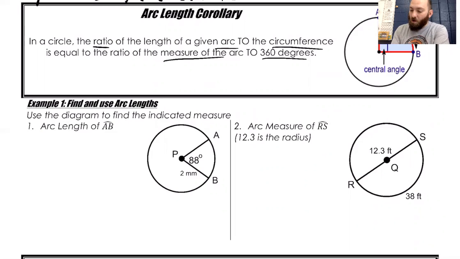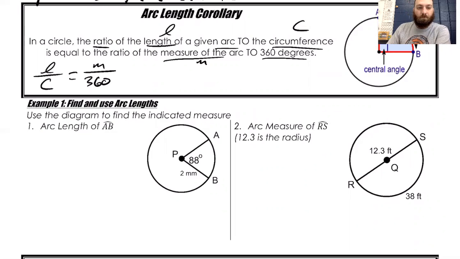I'll call length L, circumference is C, and we'll call arc measure M. So the ratio of length to circumference is equal to the measure over 360. And that's what we're going to do to solve this every time. We're going to set it up as a proportion and then cross multiply. And that's all we have to do.